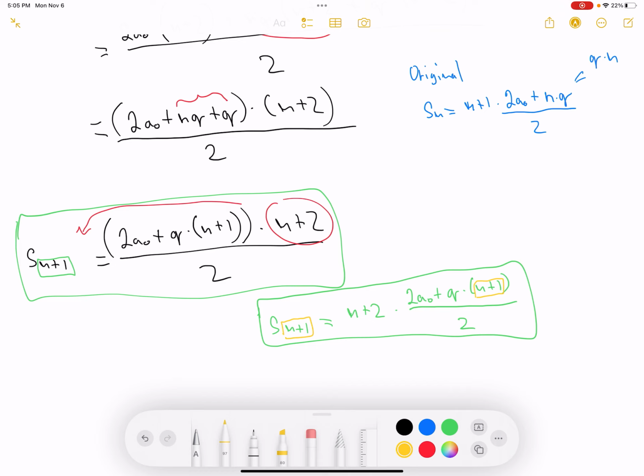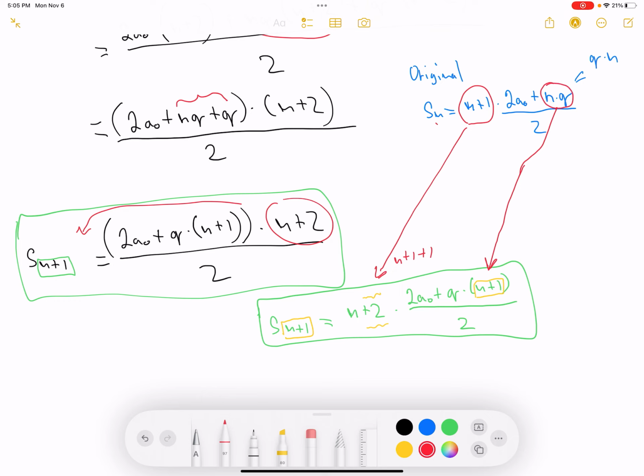The only difference, if I try to map it together, is that the first term for Sn is n plus 1, and for n plus 1 our term says n plus 2, or you could write it as n plus 1 plus 1. And inside here, we are multiplying by n plus 1 instead of n.